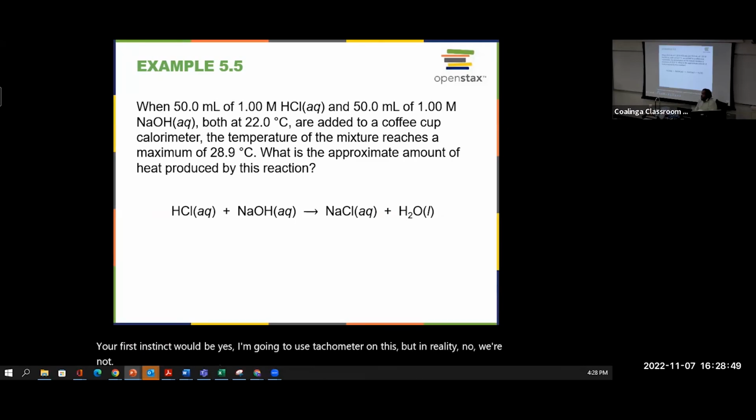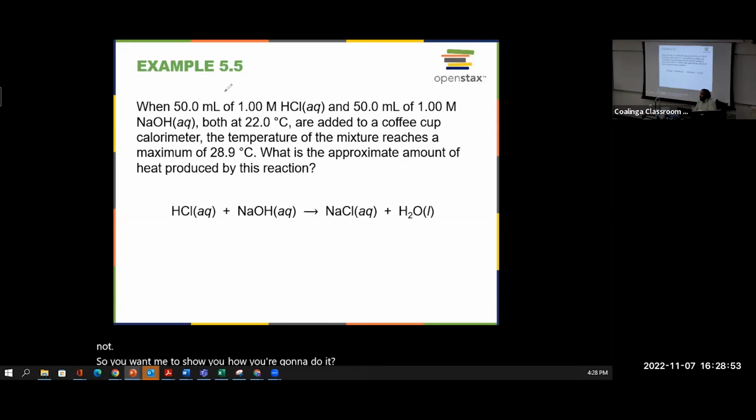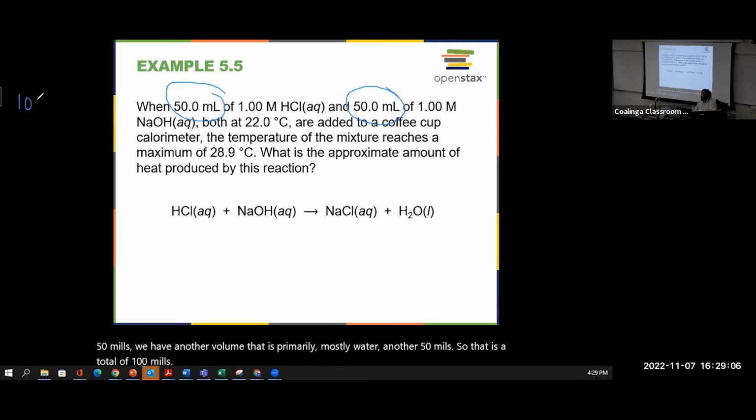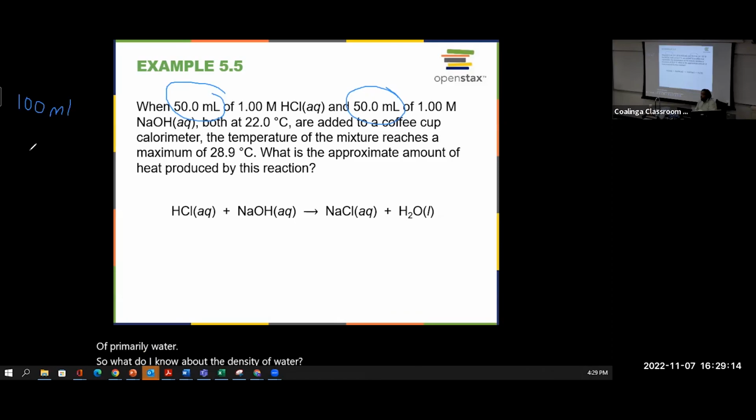Okay, do you want me to show you how you're going to do it? We have a volume that is mostly water, 50 mils. We have another volume that is mostly water, another 50 mils. So that is a total of 100 mils of primarily water. What do I know about the density of water? 1:1 ratio.